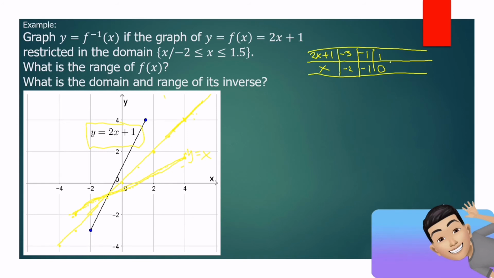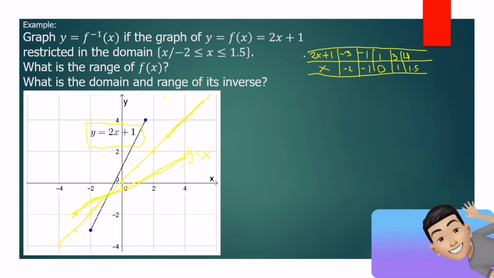How about when x is equal to 0? We have positive 1. And x is equal to positive 1, we have 3. Okay. How about when it is, ang boundary kasi natin 1.5, no? So 2 times 1.5, that is 3 plus 1, 4. So we have positive 4.